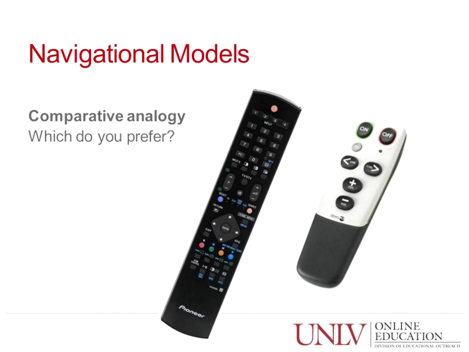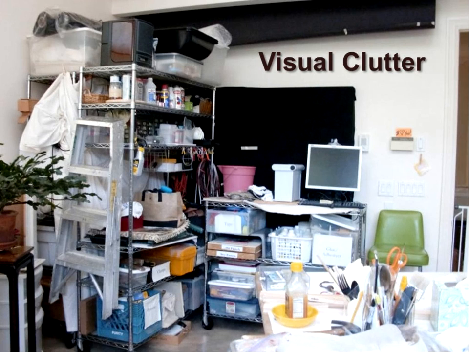But to an extent, you have to be careful of visual clutter. And I think that when our students are in our classes, they only need to really see what's important, not necessarily everything that's possible. So does this look like anybody's office here? Does this look familiar?